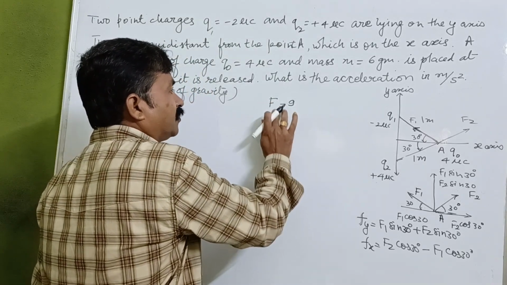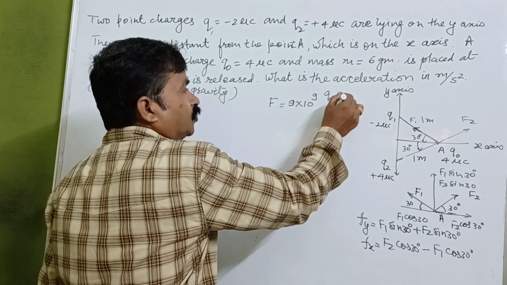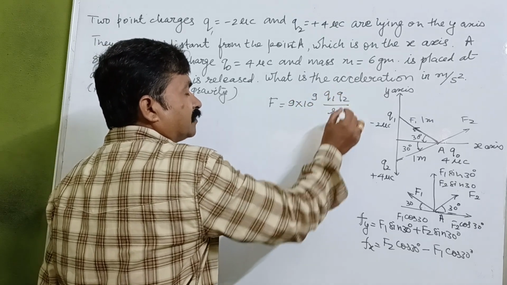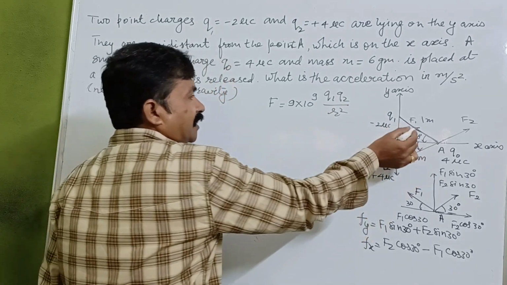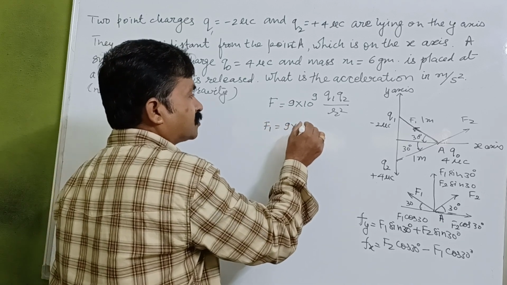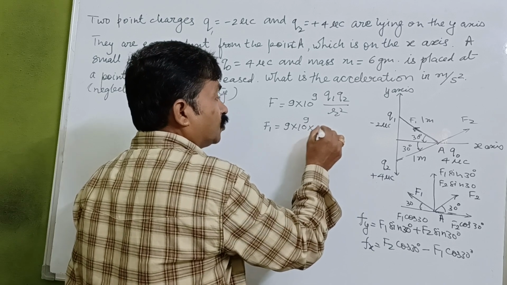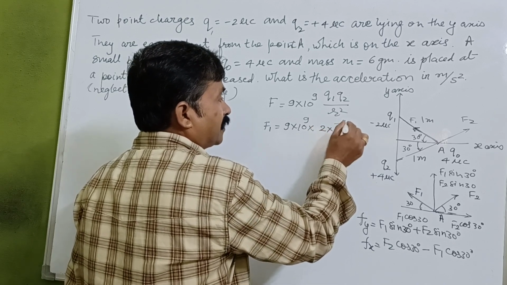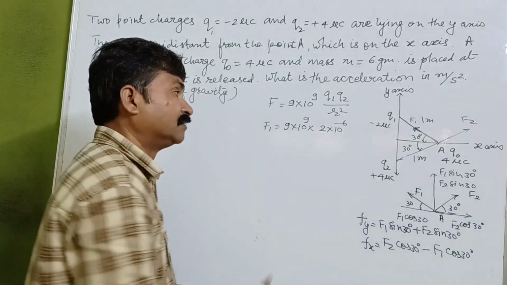F is equal to 9 into 10 raised to the power 9 Q1 Q2 upon r square. Now the force acting because of this, we have taken as F1. So F1 will be given by 9 into 10 raised to the power 9, Q1 is 2 into 10 raised to the power minus 6. It is of negative nature, so this will be the force of attraction.